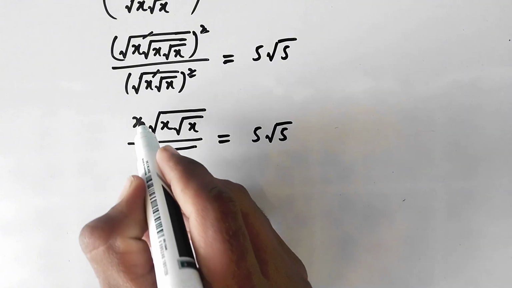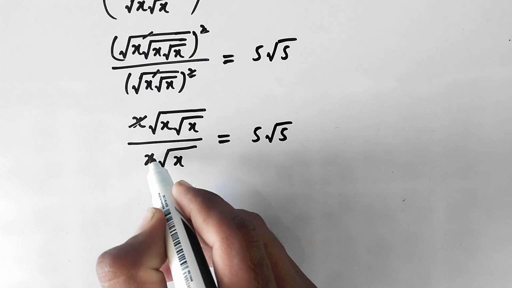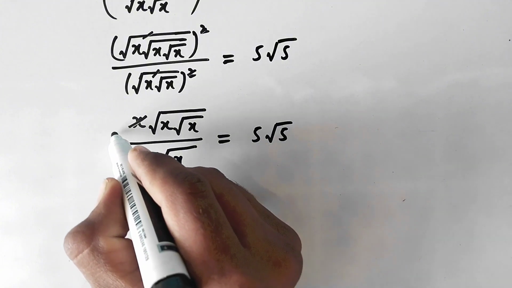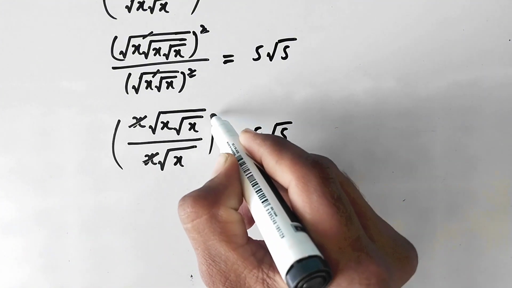And now here this x will be cancelled by this x, and here again we will take squares on both sides.